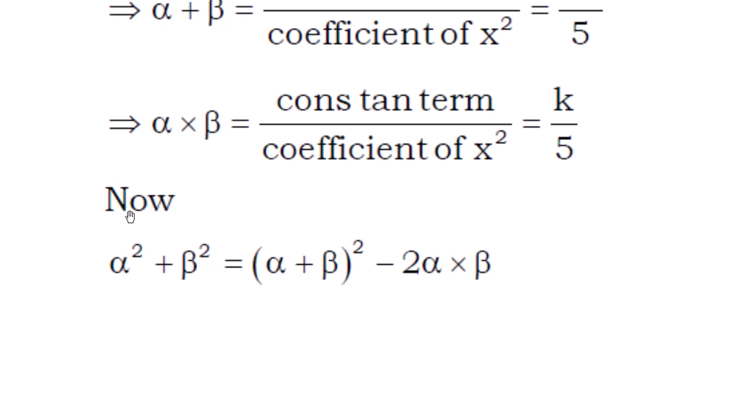Now they have given the sum of squares of roots, alpha square plus beta square, which can be written as alpha plus beta whole square minus 2 alpha beta. This formula you have to remember, children. Alpha square plus beta square can always be written as alpha plus beta whole square minus 2 alpha beta.